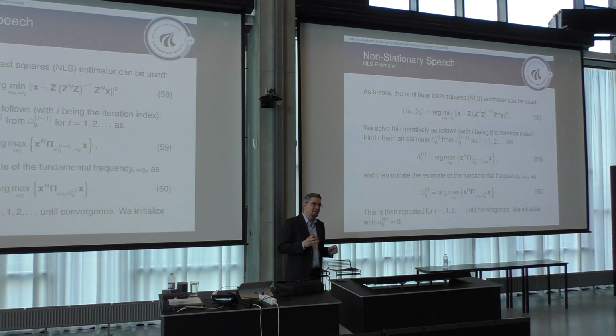But if you observe that the chirp rate is going to be small, then you can initialize an iterative estimation procedure where you start out finding the fundamental frequency with a fundamental chirp rate of 0, and then once you find the fundamental frequency, you find a new chirp rate, and then you can find the fundamental frequency, and then back and forth like that. So that's basically what's described here. First, you find the chirp rate given the fundamental frequency, and then you find the fundamental frequency given the chirp rate.